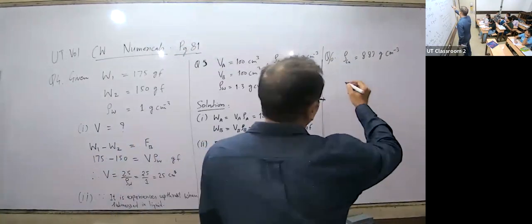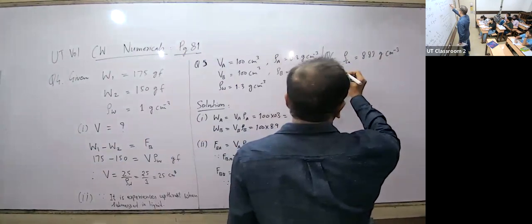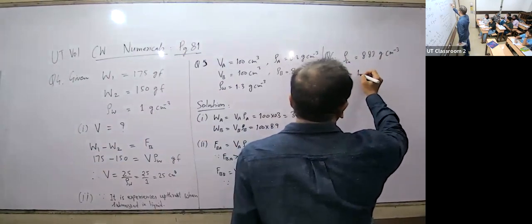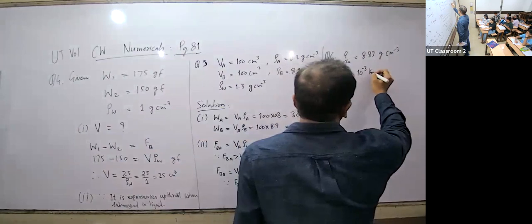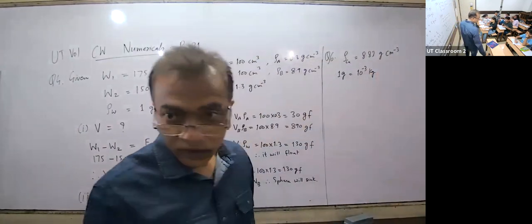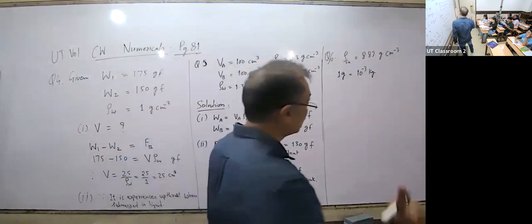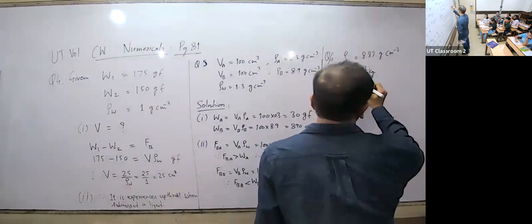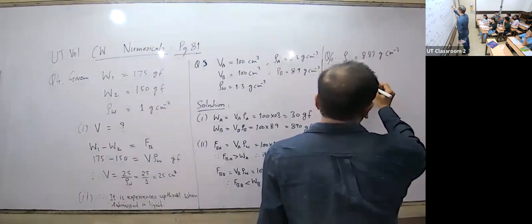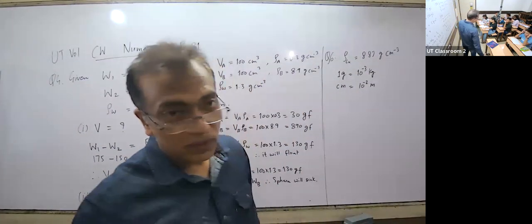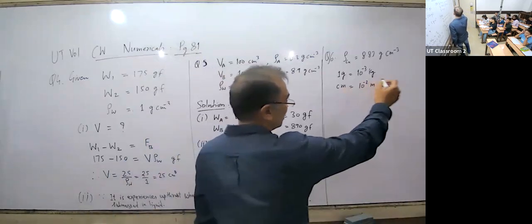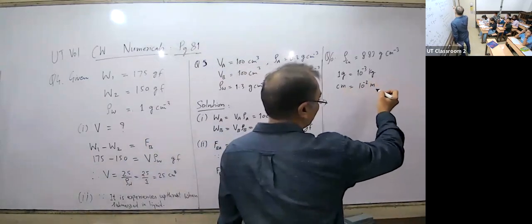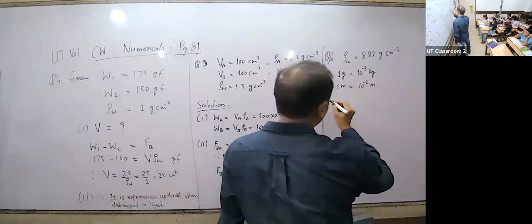So 1 gram is equal to how much? 1 by 1,000. Then what is 1 centimeter equal to? 10 raised to minus 2 meter. So wherever there is gram, you will write 10 raised to minus 3 kg. Wherever there is centimeter, you will write 10 raised to minus 2 meter.